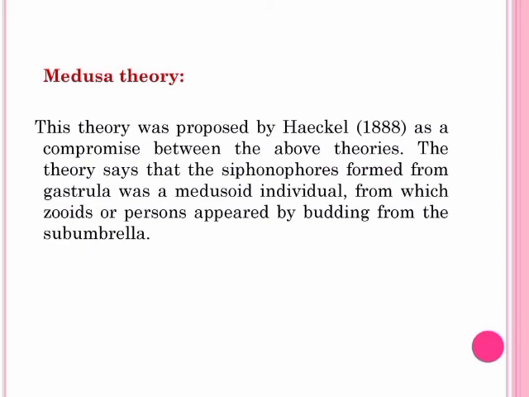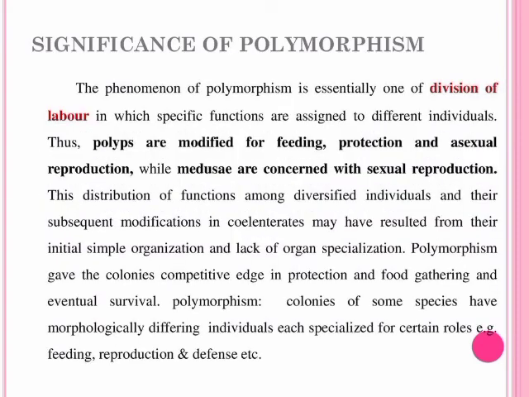Significance of polymorphism. The phenomenon of polymorphism is essentially one of division of labor in which specific functions are assigned to different individuals. Thus, polyps are modified for feeding, protection, and sexual reproduction, while medusae are concerned with sexual reproduction.